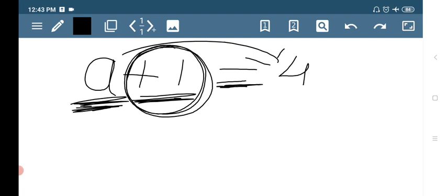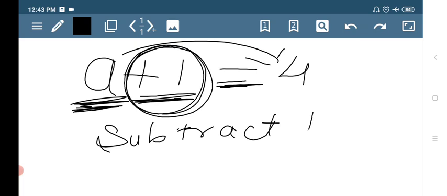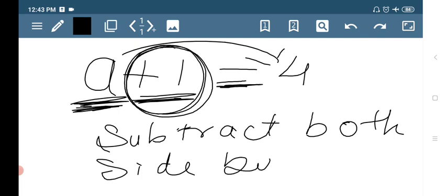The method is subtract both side by 1. What it means? It means that we have to subtract both side by 1.